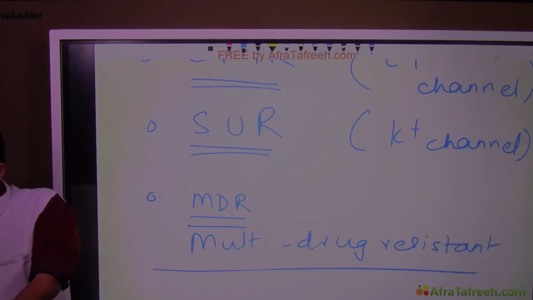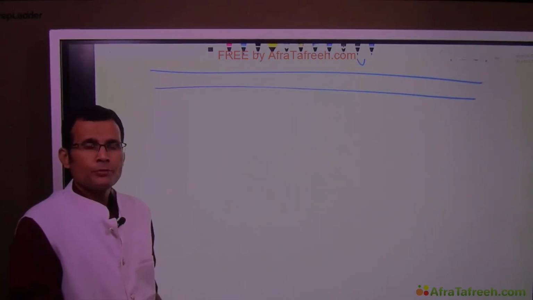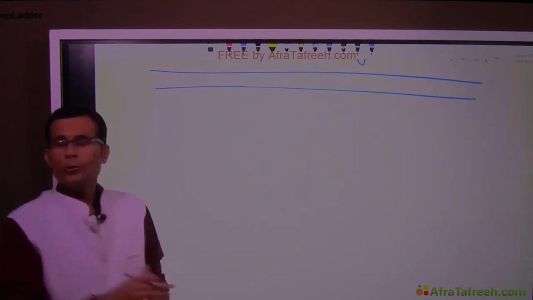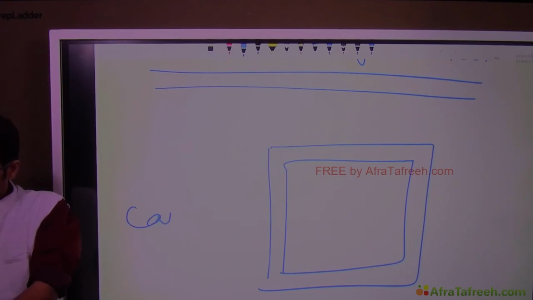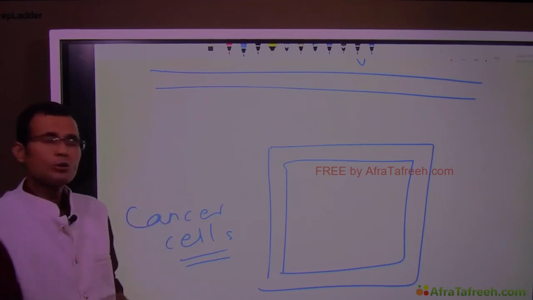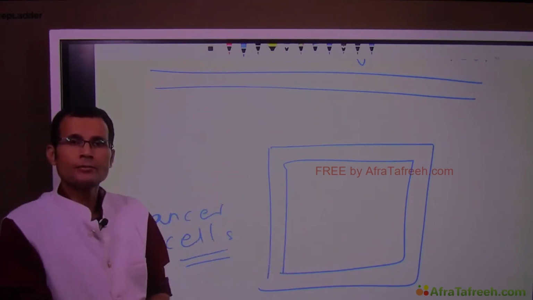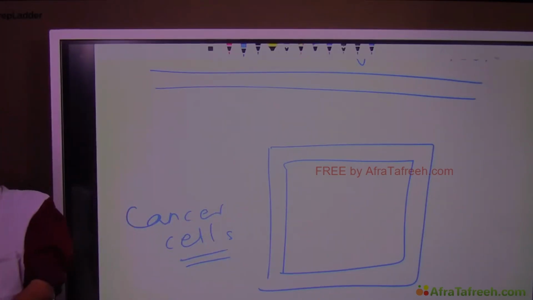These transporters are expressed, this is a P-glycoprotein. This transporter is expressed by the cancer cells. Cancer cells become resistant to the action of the anti-cancer drugs. How? By expressing the MDR transporter in the membrane.